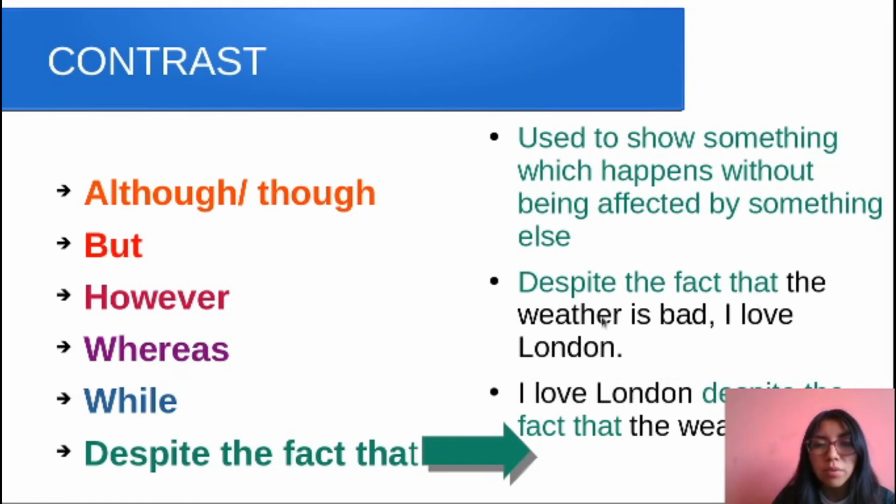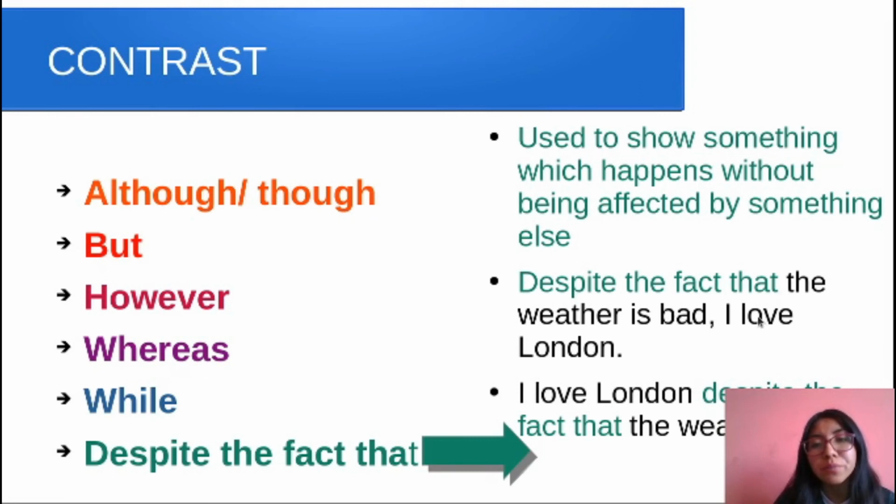In the second example, that is the same. Okay, I love London despite the fact that the weather is bad. What is the meaning of despite the fact that? Dado el hecho que the weather is bad, I love London. Okay, in this case, you are going to use despite the fact that in order to speak in academic tasks.